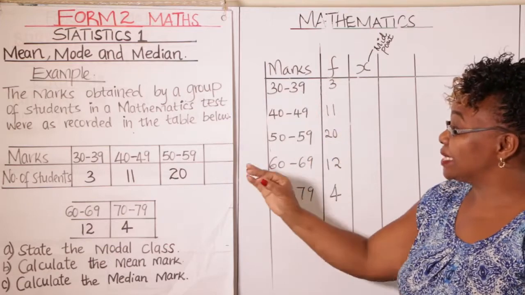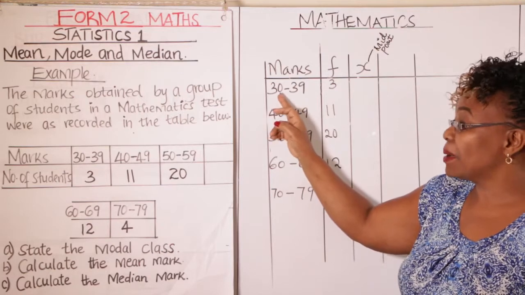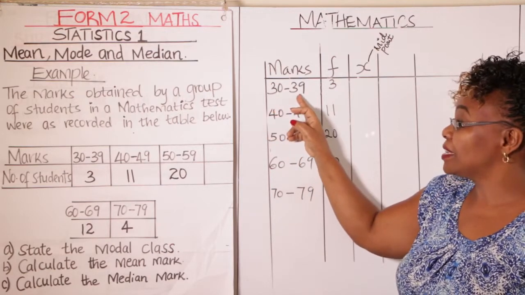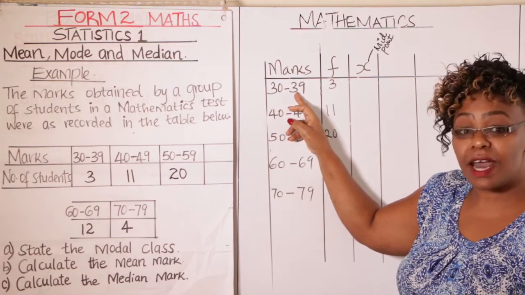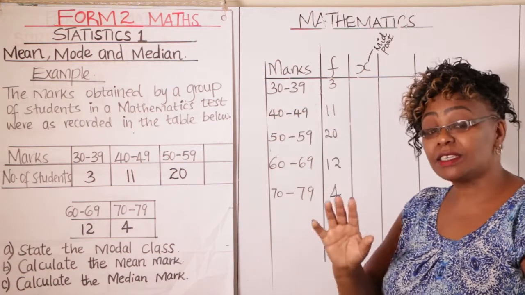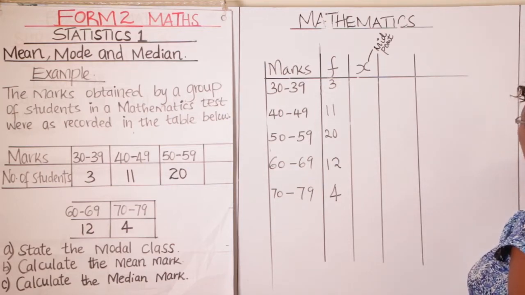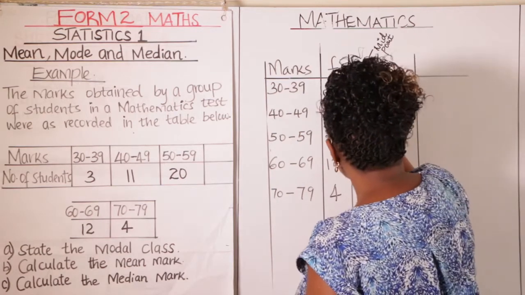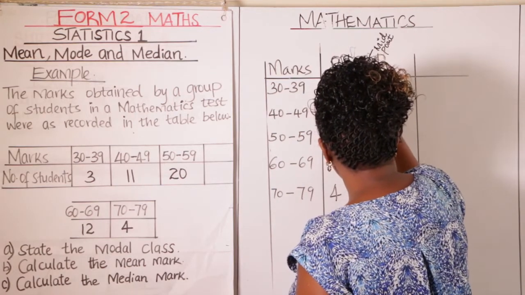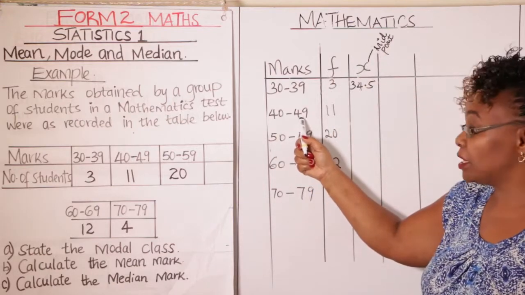You don't need to write out the numbers. There is a shortcut: you add this plus this, then you divide by 2. So 30 plus 39 gives you 69. 69 divided by 2 would give you 34.5. You come and put it here, 34.5.